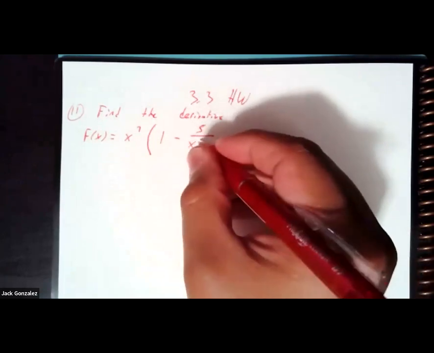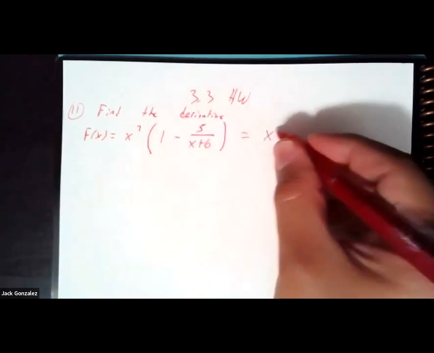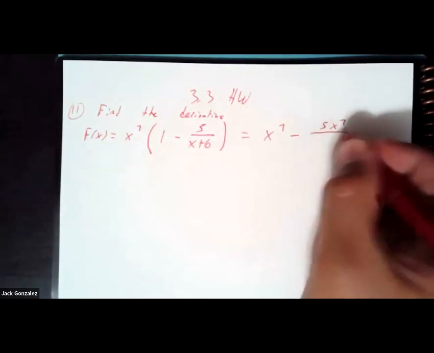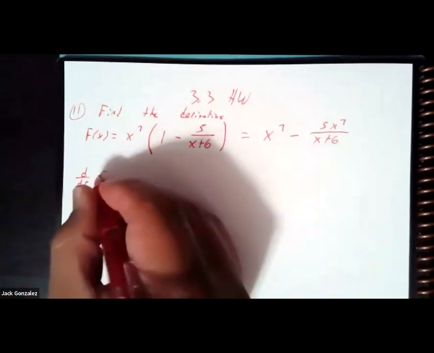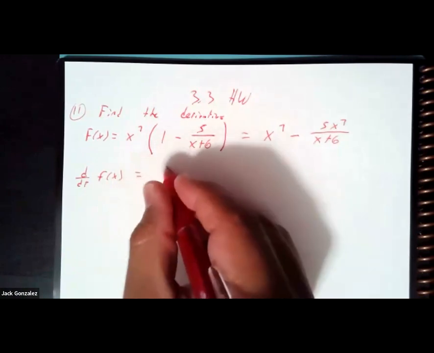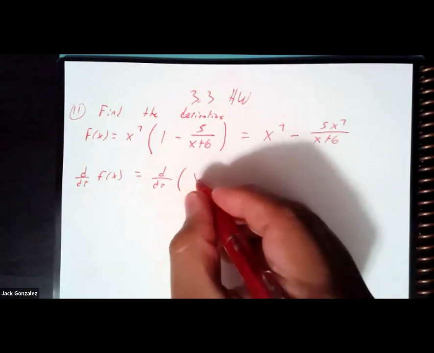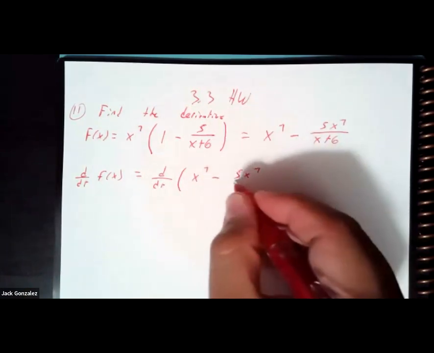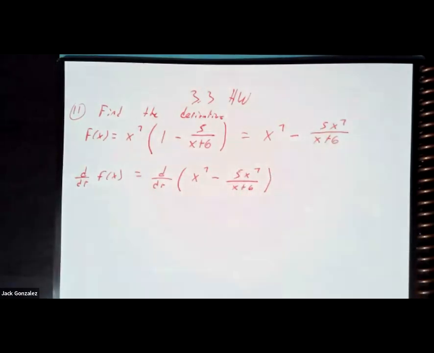I had recommended you distribute first, just to make it a little more manageable. So the derivative of f of x is equal to the derivative of this.